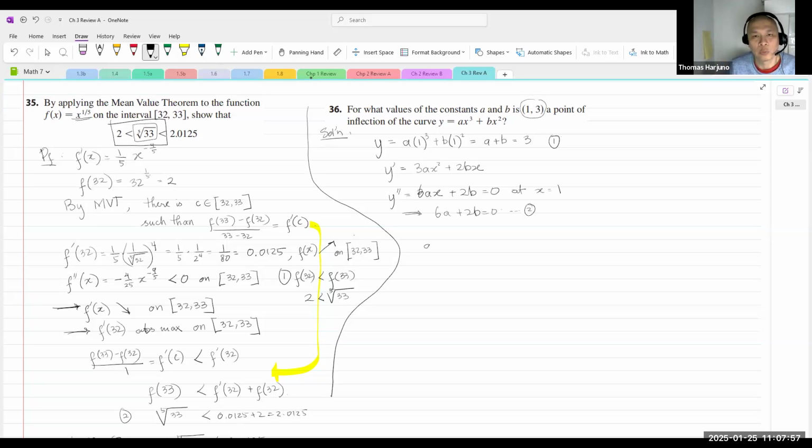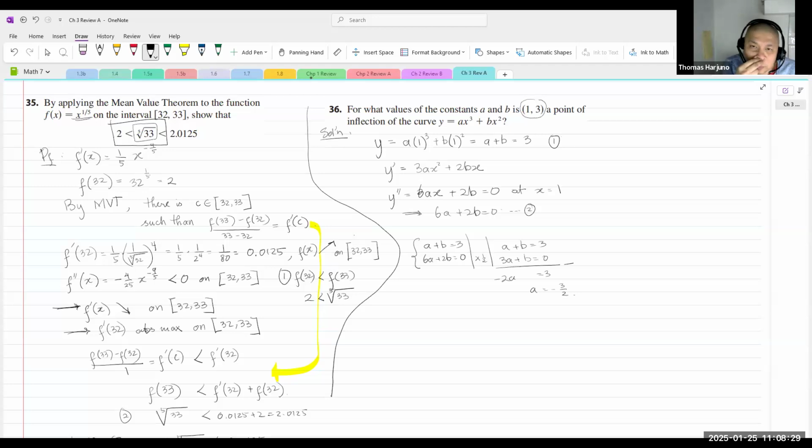So how do we solve a plus b equals 3 and 6a plus 2b equals 0? Let me divide the second equation by 2. If I subtract, I get negative 2a equals 3, so a equals negative 3 halves.